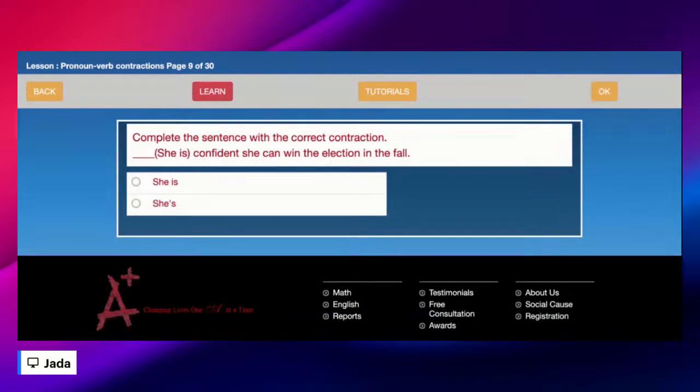So, she is confident she can win the election.